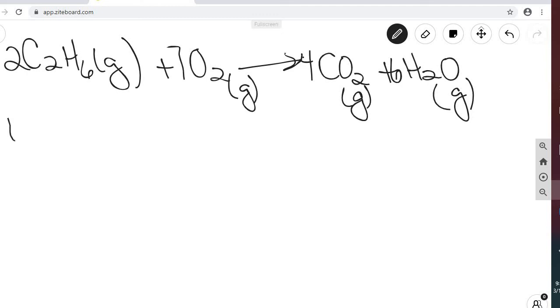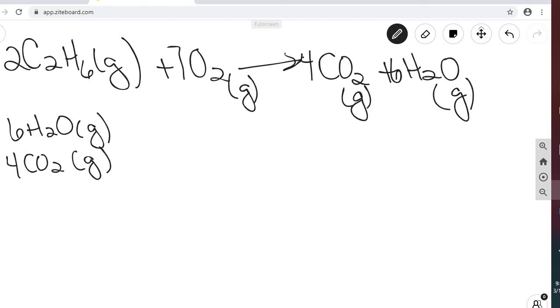So we'll have 6 waters as a gas on this side, and 4 CO2s as a gas on this side. We're going to subtract from that 2 of the C2H6s and 7 oxygens.